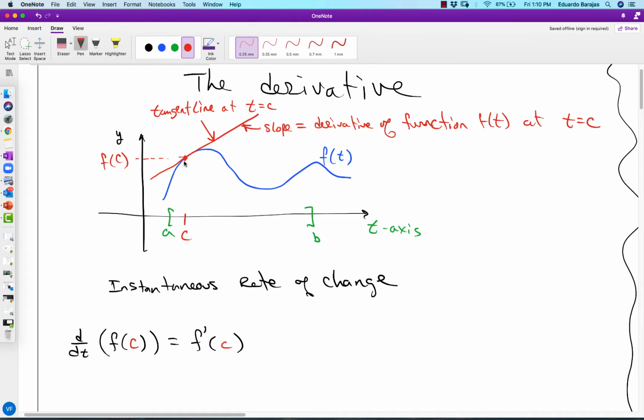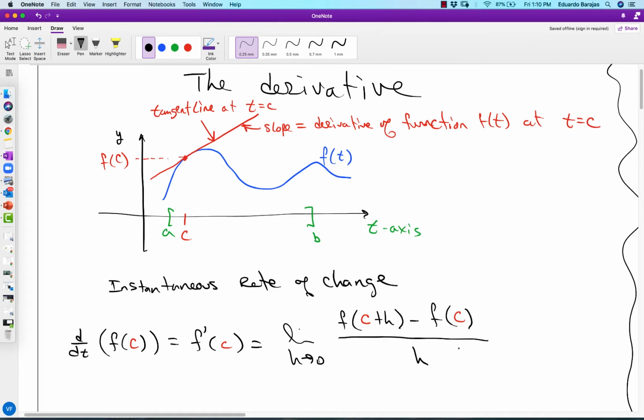So the derivative at that point c, and then we developed this limit definition: the limit as h goes to 0 of f of c plus h minus f of c, all over h. So this was our definition for the derivative of the function at c.